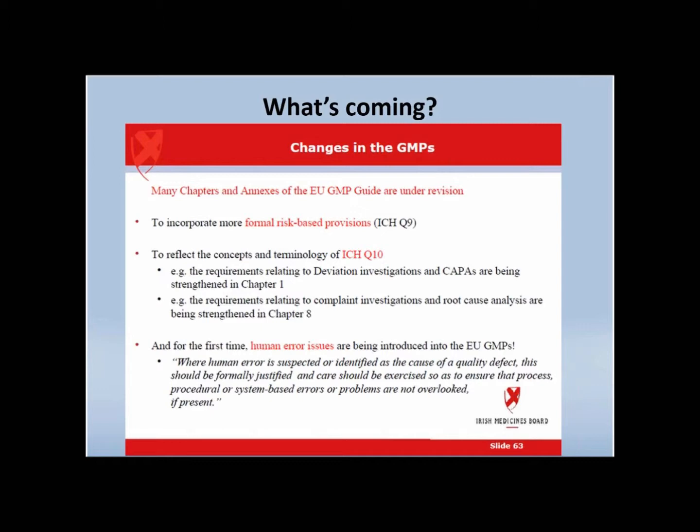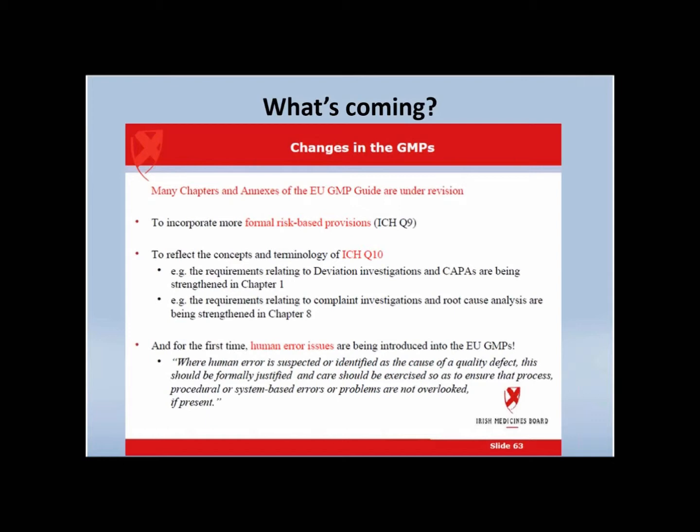There is something very important transpiring from this statement. Basically, it says that quality has to make sure that no errors have occurred, and if errors have occurred, they have to be fully investigated.